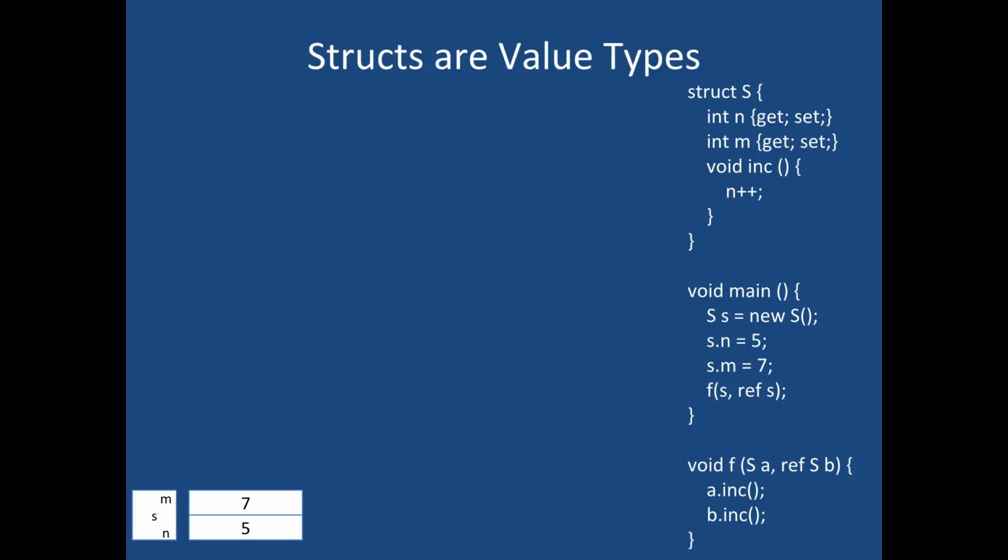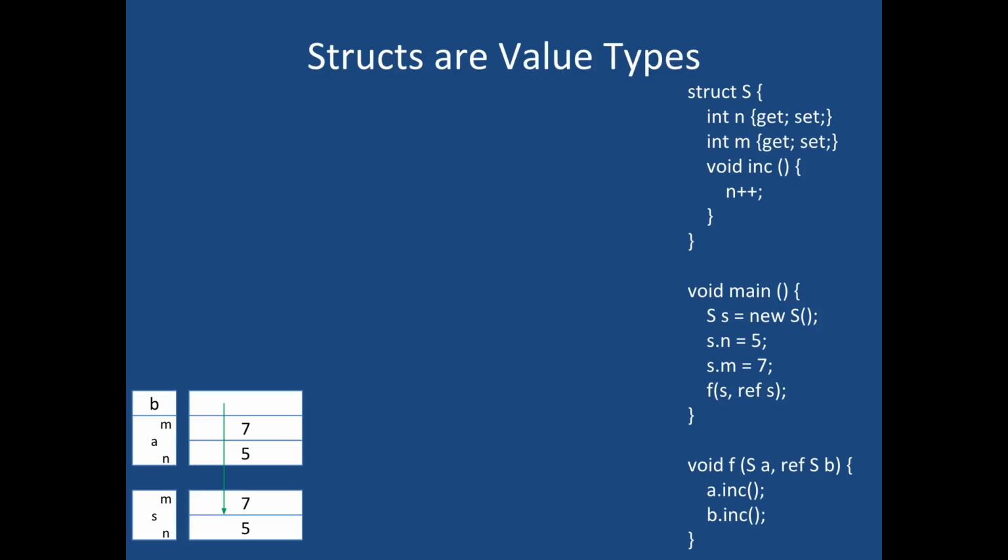First parameter will be a copy, and then the second parameter will be a reference. Okay, so the first parameter will be a copy of this. Second will be a reference down to this. That's right. So A is just a copy of this up to here. B is a reference down to this thing, that whole struct.